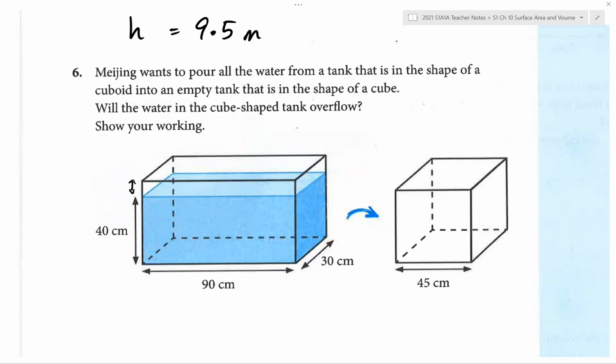What will happen if I pour? Will it overflow? No, it won't overflow. What if the amount of water is exactly the same as the volume over here, the capacity over here? What will happen? It'll be just nice, isn't it? So what are the two things I need to calculate now? Nazrin, what are the two things to calculate?